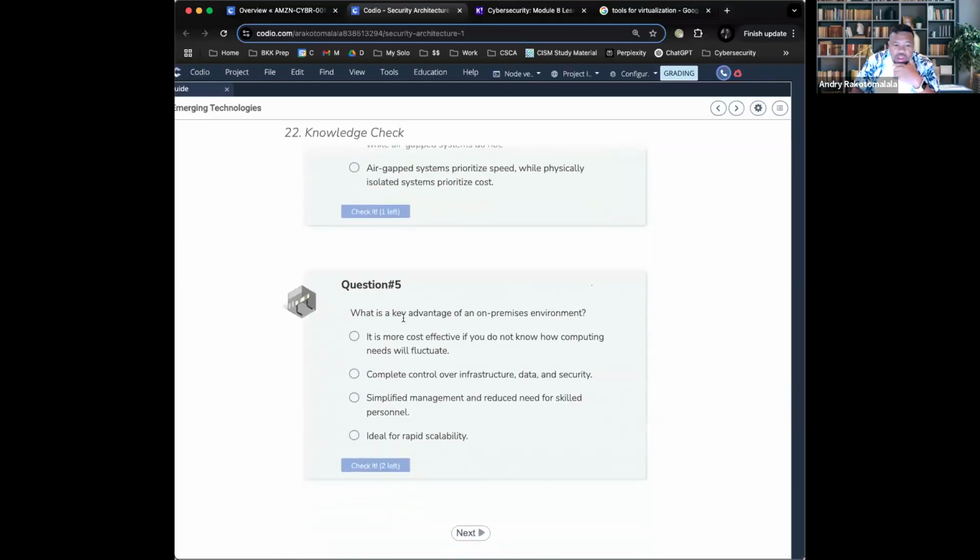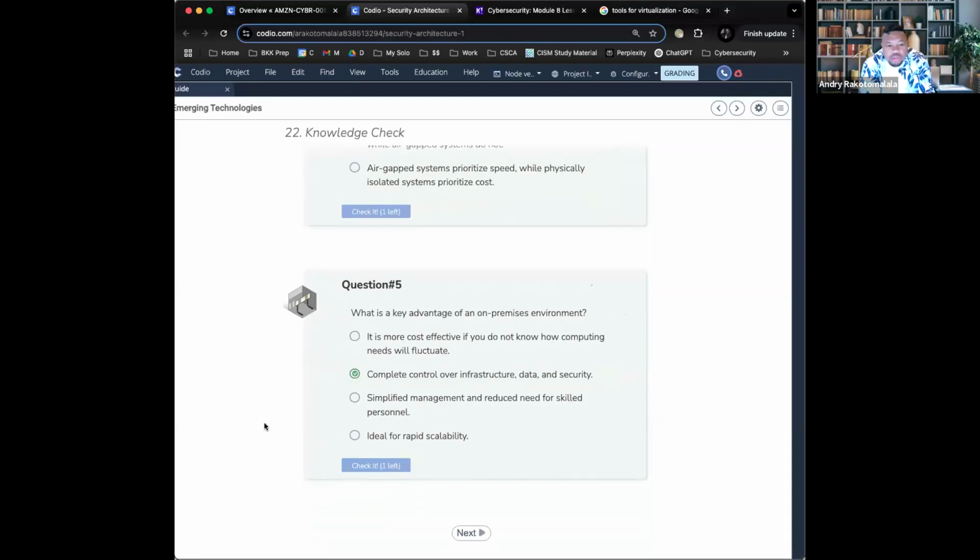Last question. What is a key advantage of an on-premise environment? There was one keyword that I used there. You all said B, that is correct.